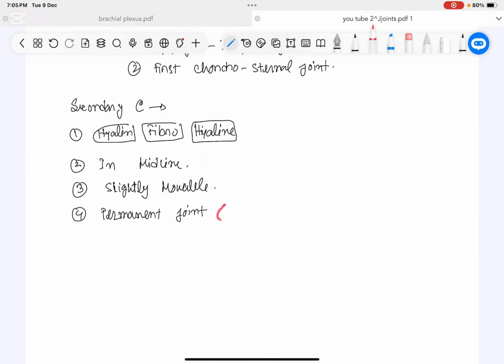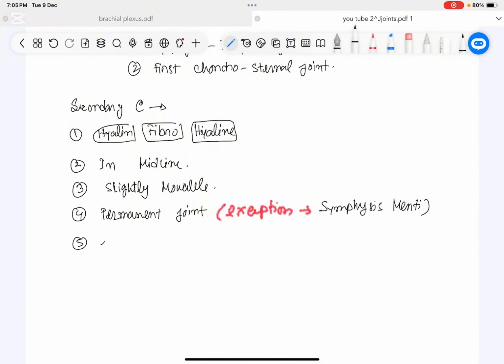Here also one point, there is an exception. That means it's a secondary cartilaginous joint, but it is not permanent. Example will be symphysis menti. So, it's in the midline in between the two halves of the mandible and ultimately it gets fused. So, it's not a permanent joint.